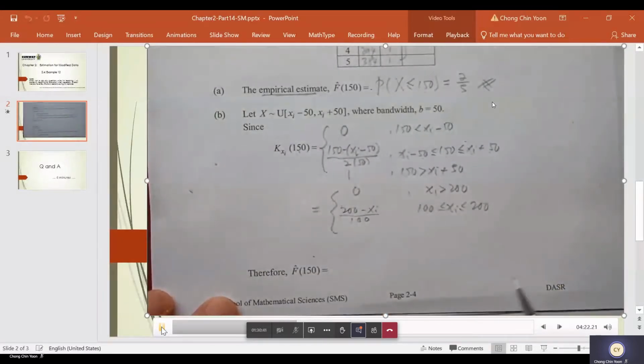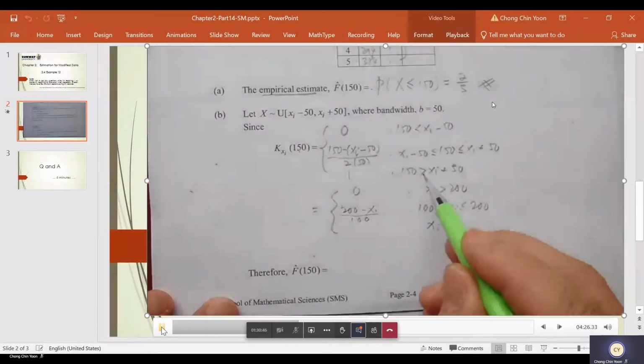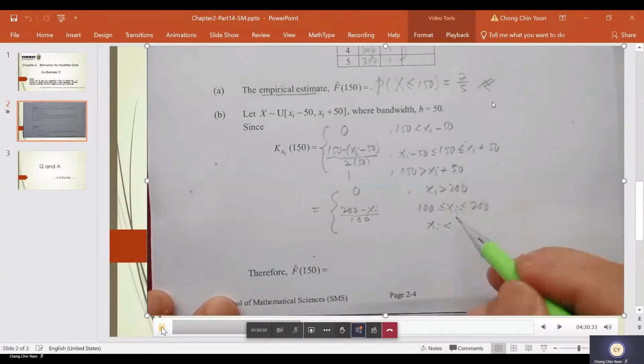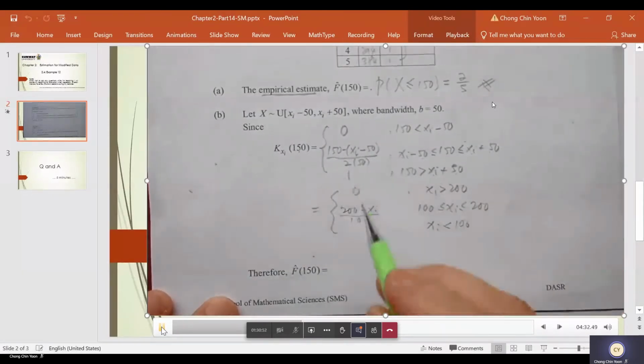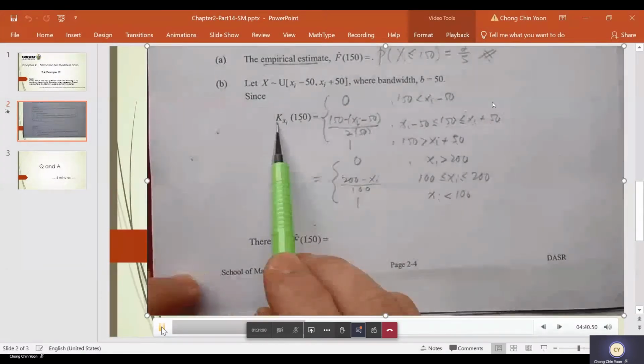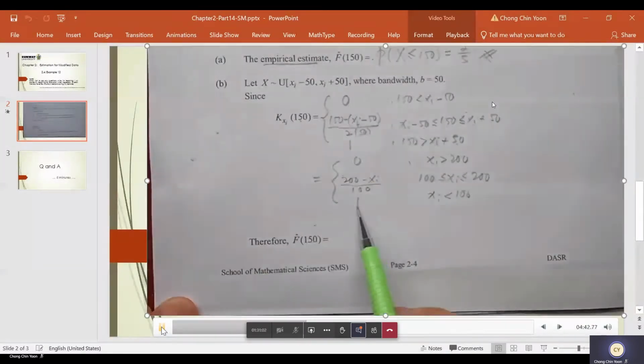And for the last interval here, xi is strictly less than 150 minus 50, that is 100, and the value is 1. When the observation is less than 100, this kernel distribution is 1.